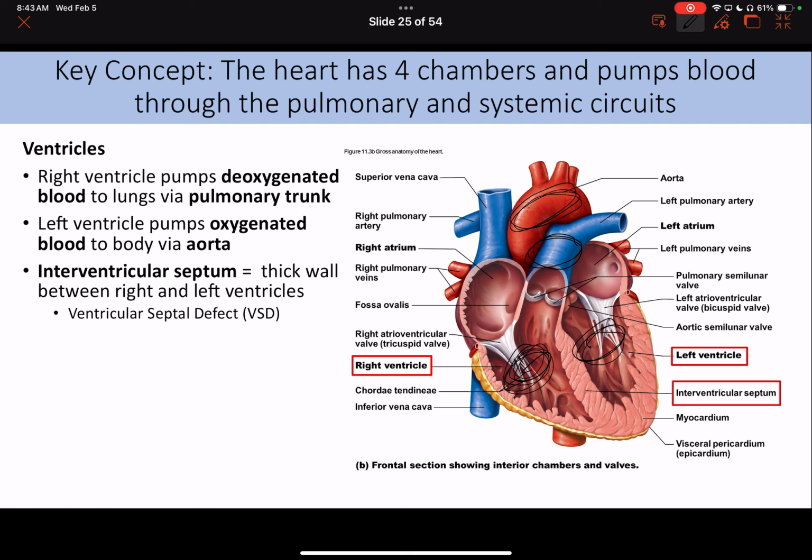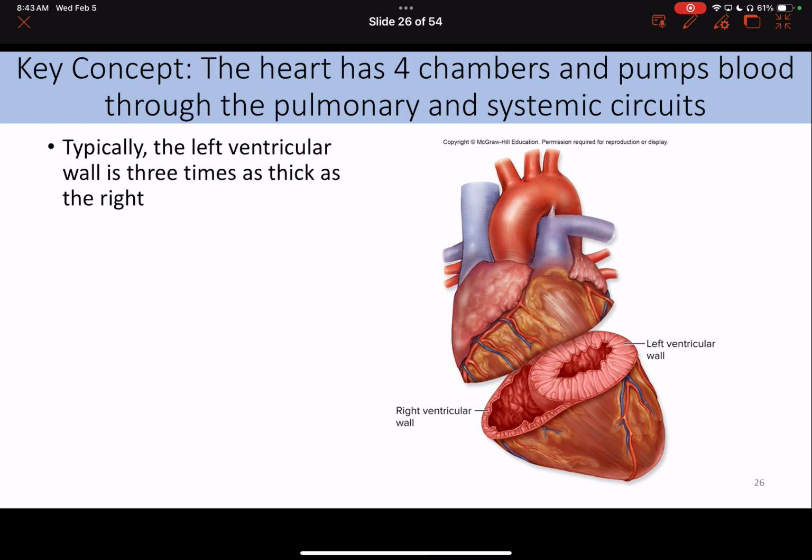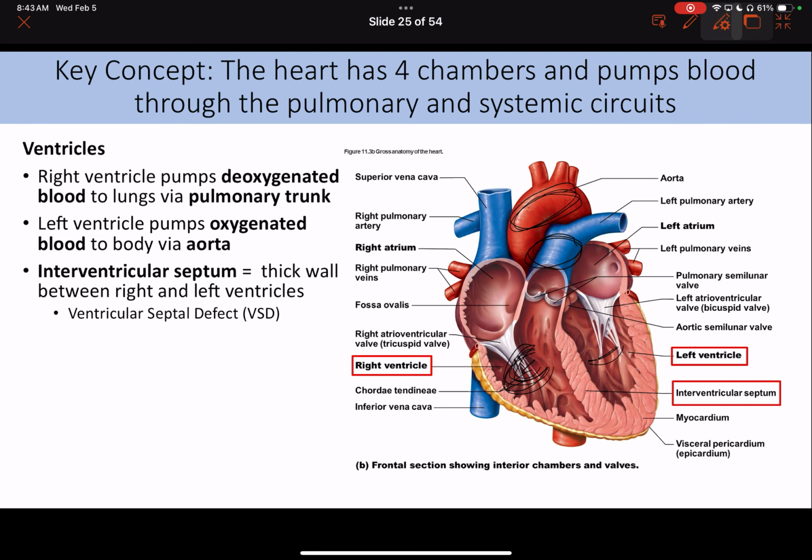And so just like the interatrial septum, there's also an interventricular septum, which is the wall in between the two ventricles. So I'll erase all of this. The interventricular septum is here. So this wall between the right and left ventricle. We can also have what's called a ventricular septal defect.